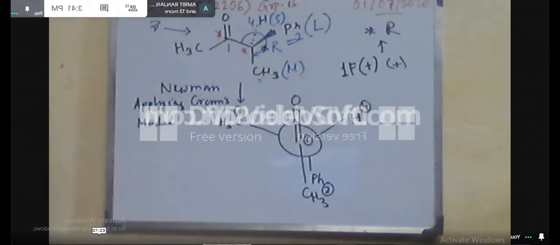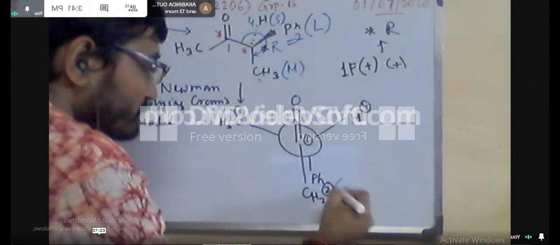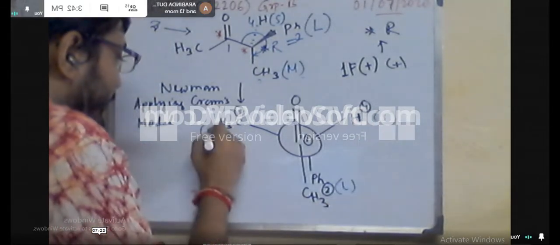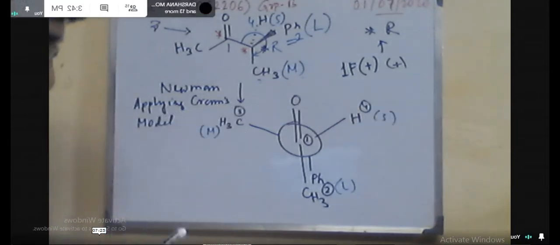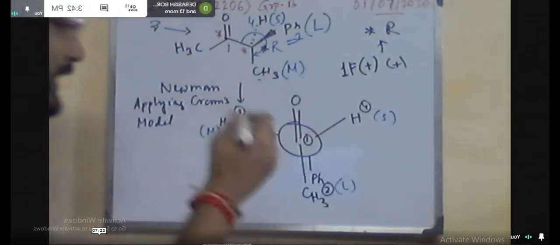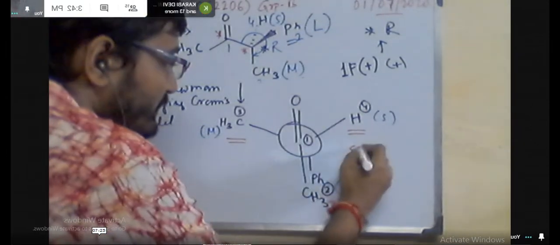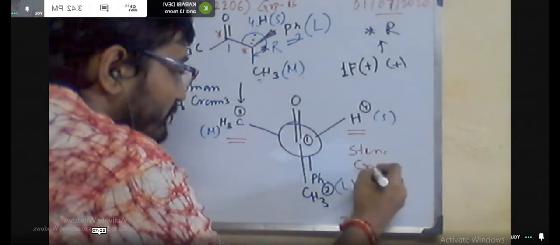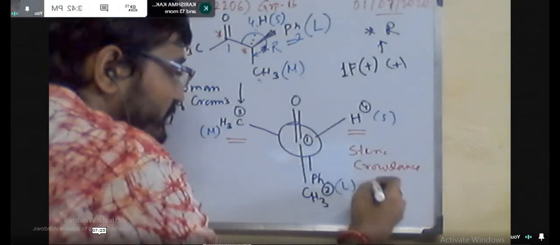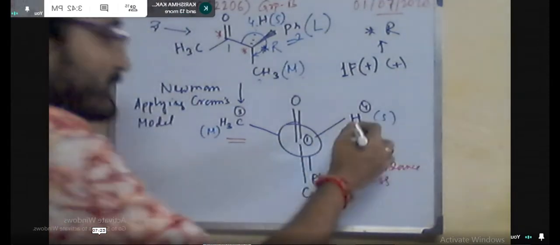In this case there are generally two different faces. On this side the steric crowding is less because this is the small group, whereas on this side the steric crowding is high due to the presence of the methyl group, because the bulk of methyl is higher than hydrogen. If a nucleophile attacks, it will try to minimize its steric repulsion during the attack.